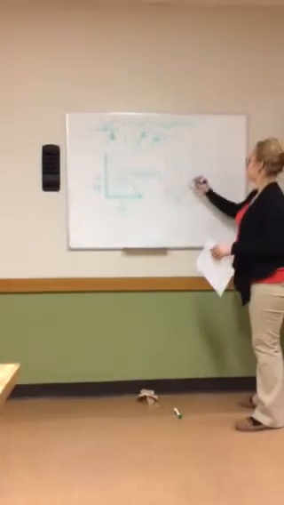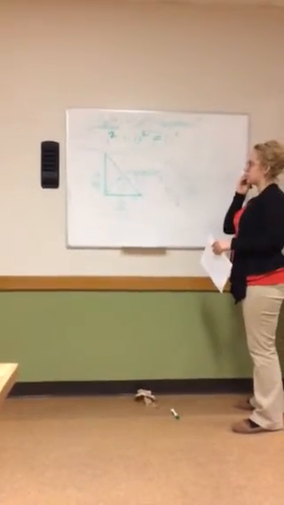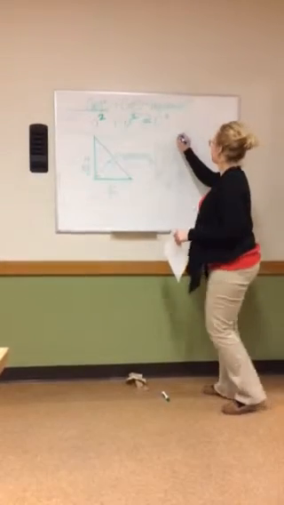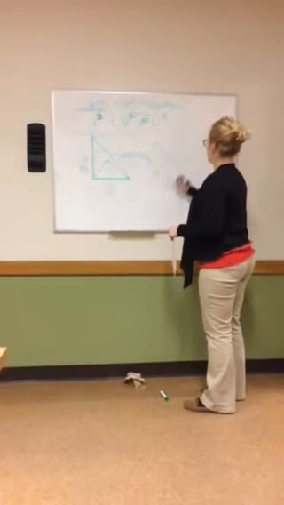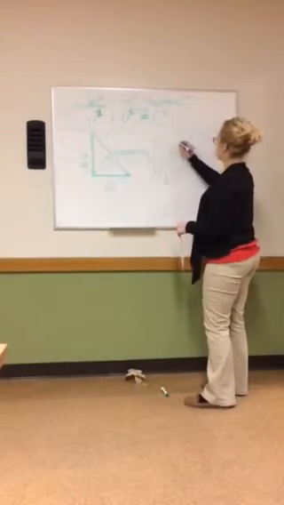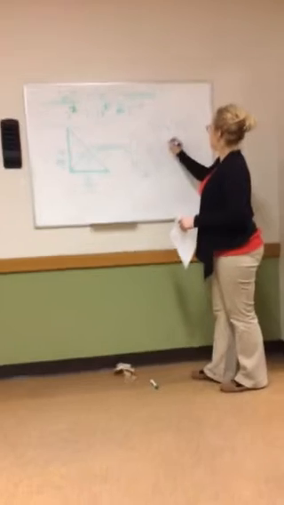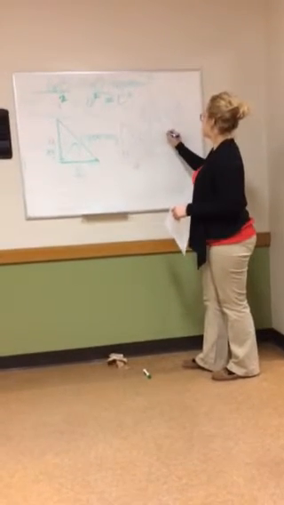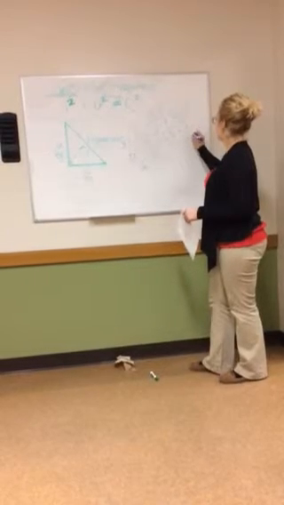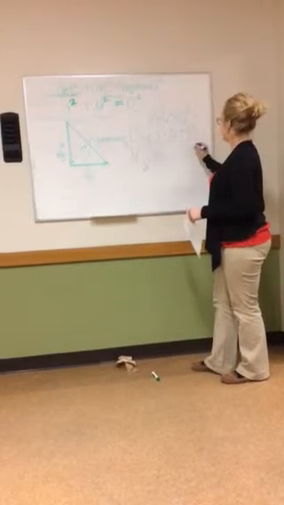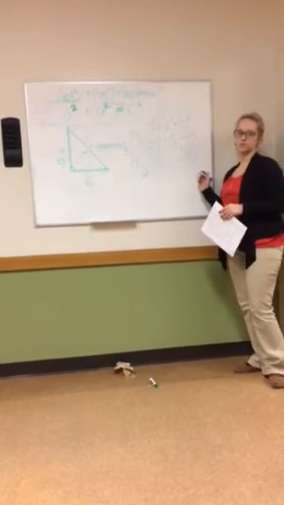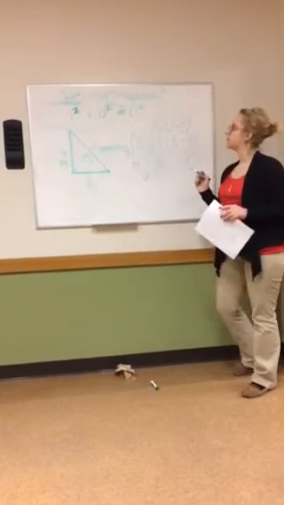So if we're looking for our C, what would our equation be? 3 squared plus our leg is 6 squared equals our C squared. So 3 squared is 9 plus 6 squared is 36. Add those together and we will get 45. And then the square root of 45 would be your answer. And then if you wanted to take that down, you would get whatever that answer is.